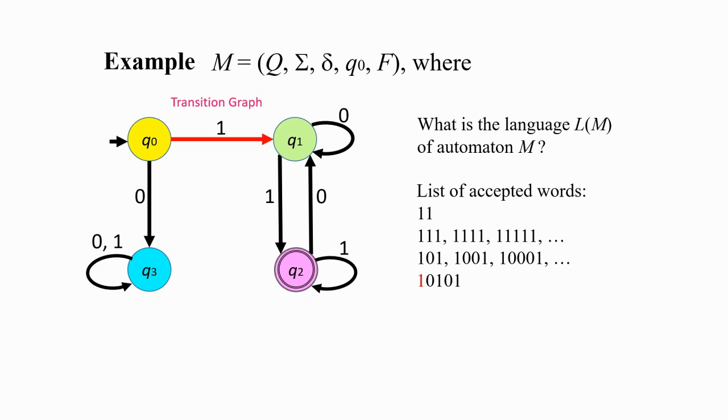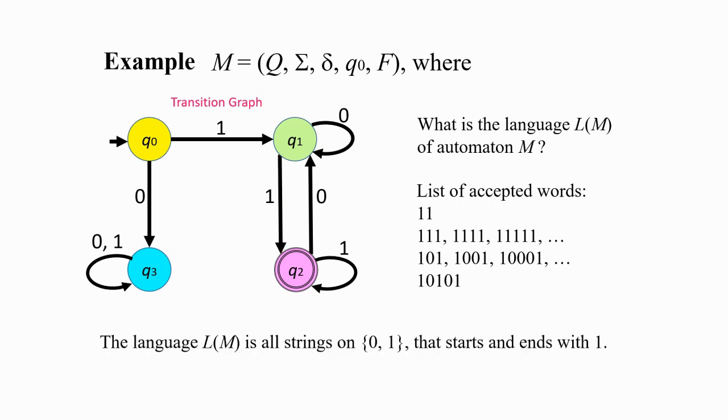Now if we take from Q0 with 1 to Q1 and then the loop once in Q1 and then continue with 1 to Q2 and go back with 0 to Q1 and go to Q2 with 1, then we are going to have 1, 0, 1, 0, 1.